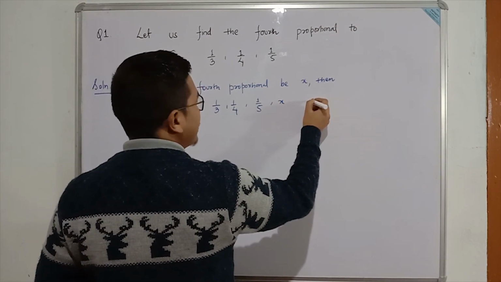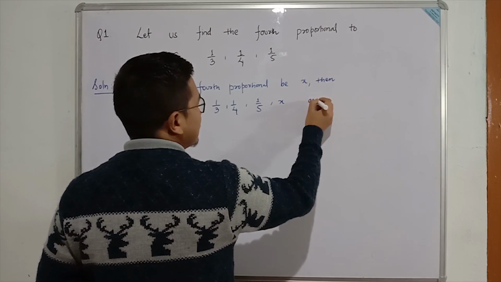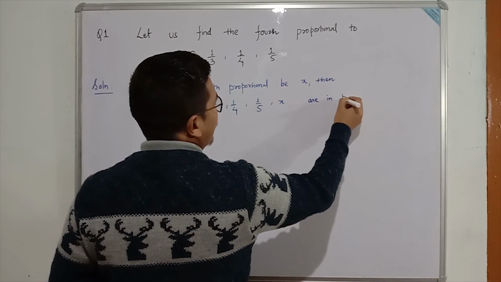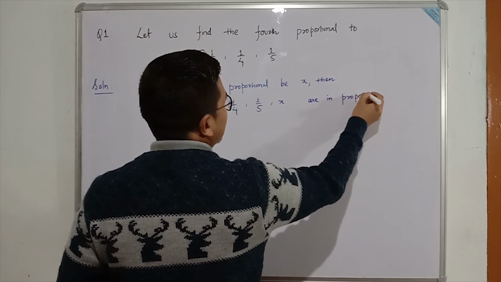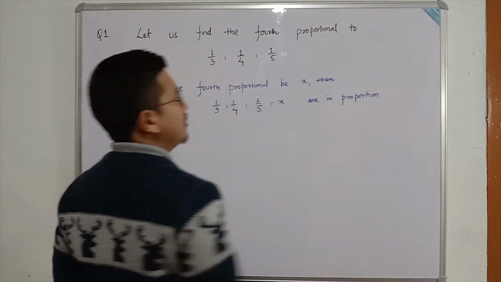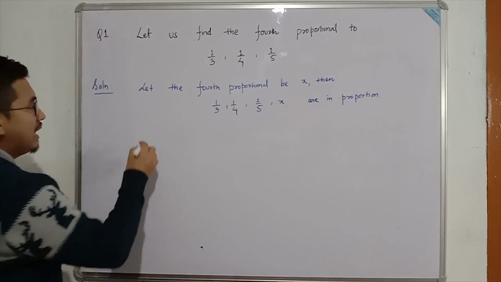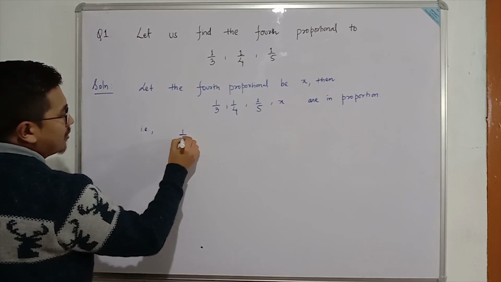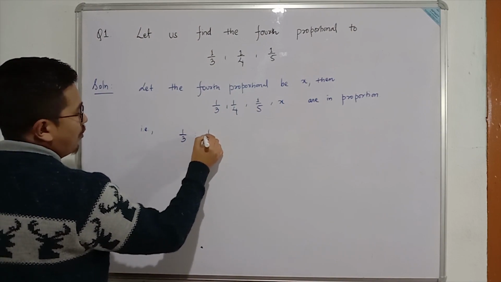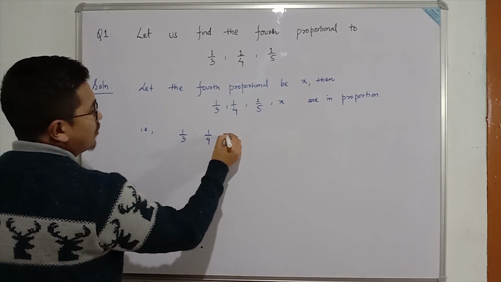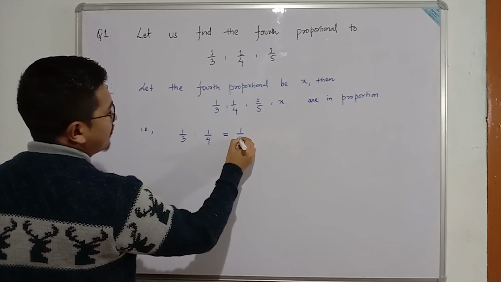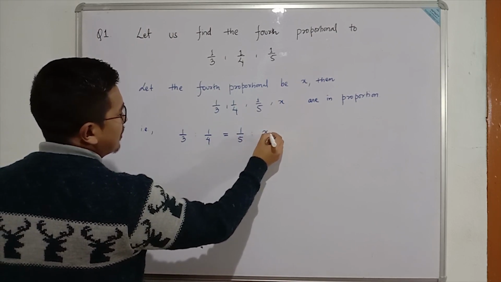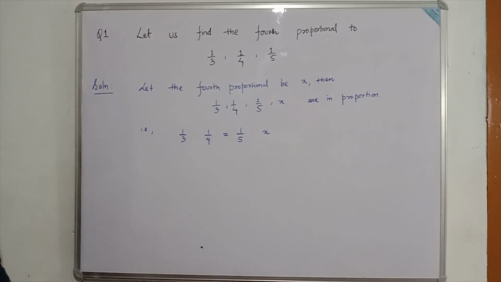So 1 by 3 is to 1 by 4 is equal to 1 by 5 is to x. So this is what we get.